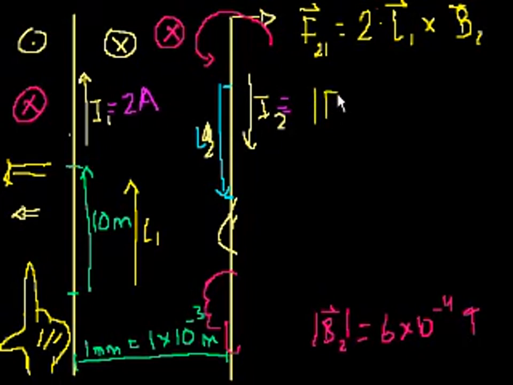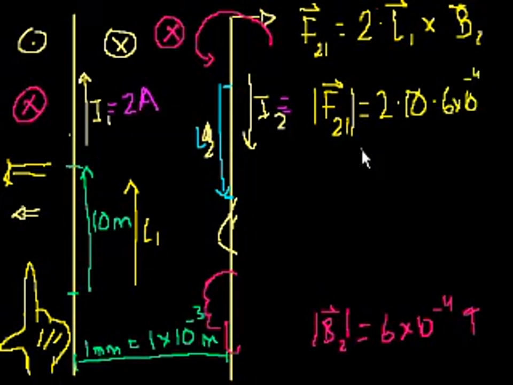So the magnitude of the force is equal to the current, 2 amperes, times the length, 10 meters, times the magnitude of the magnetic field, that's 6 times 10 to the minus 4 Teslas.